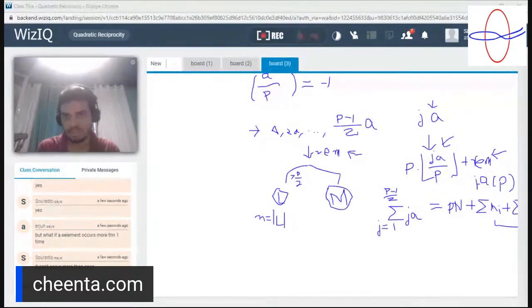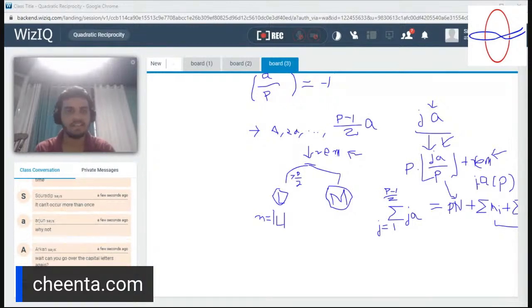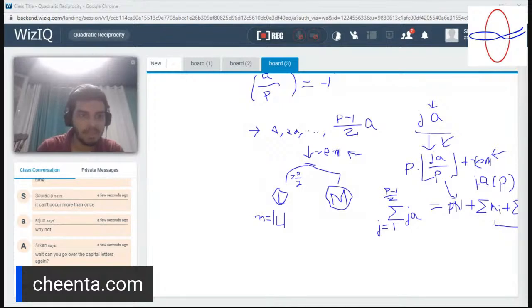So the sum of all jas would be equal to p times the sum of all of these quotients, which is exactly what we denoted as capital N, plus the sum of the remainders of these numbers mod p, which is just all the elements in L and all the elements in M.